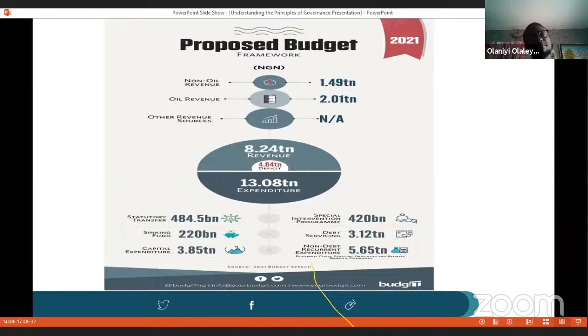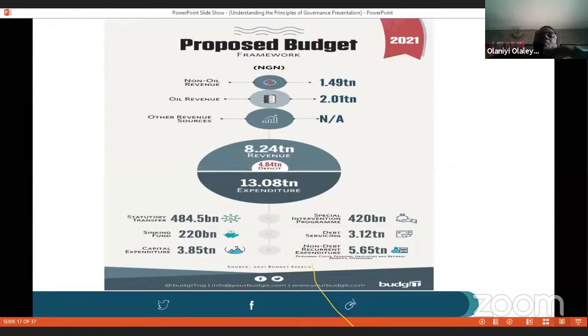We then said, okay, release the 2017 budget to us. Then they were not on Twitter and all of that. The National Assembly has finally published their budget. But let me tell you, since that time, 2017, 18, 19, 20, we've not seen anything that concerns the National Assembly again.